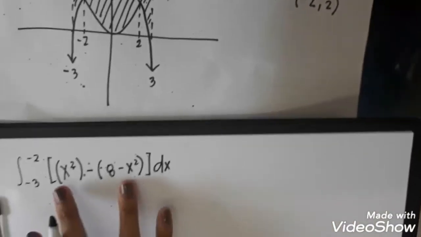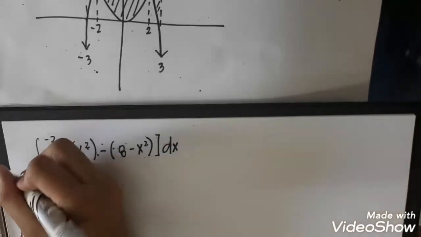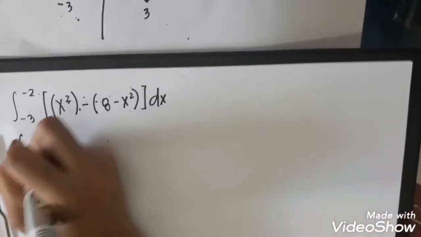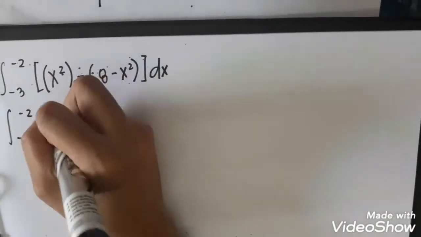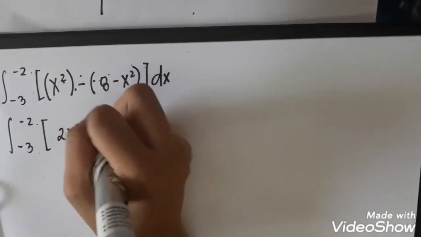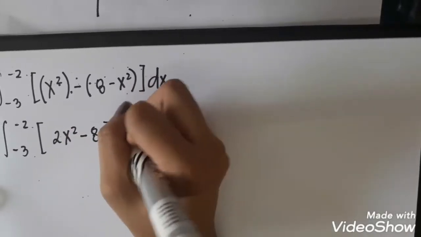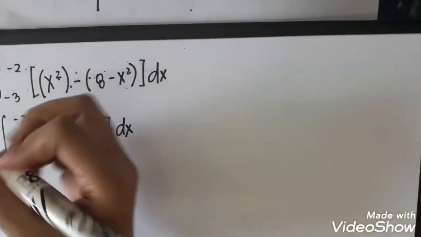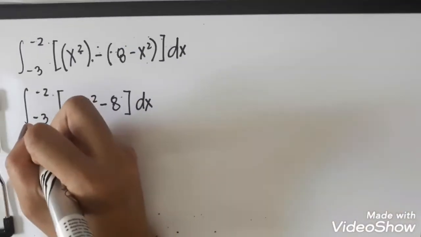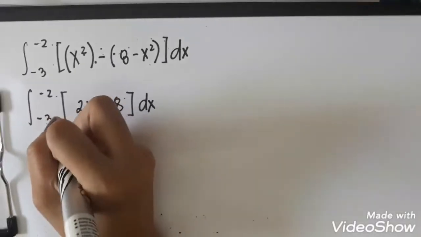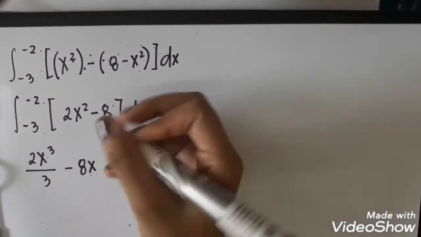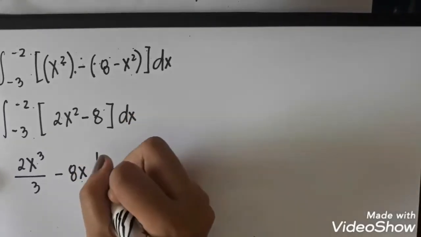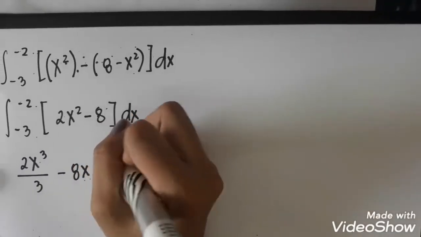So you've noticed that these two have the same variable, so we can just add it up. It'll become 2x squared minus 8 dx. So let's integrate it. It will become 2x cubed over 3 minus 8x integral from negative 3 to negative 2.